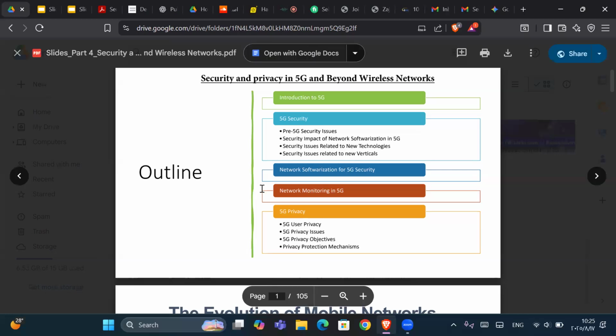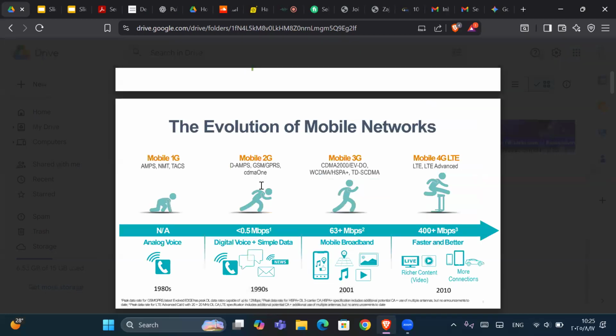mechanisms. And as we can see here in the slides comparing the different generations we have in mobile wireless cellular systems, we have the first generation, which was introduced in the 1980s, and it was aiming for just sending and receiving analog voice.